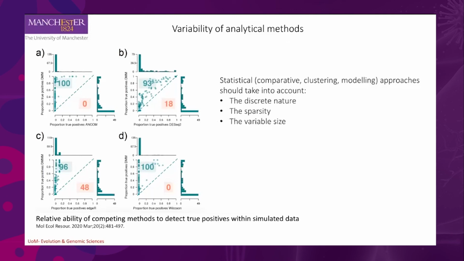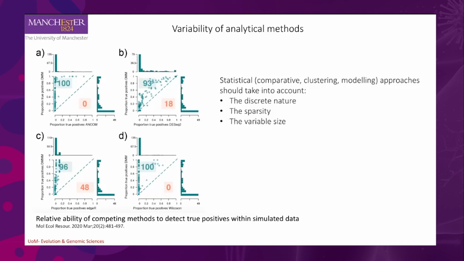And in this graph specifically, there is a comparison. All four graphs represent different methods. A is ANCOM, B is DESeq2, C is edgeR, and D is Wilcoxon. I will not go into the details of what these four do, but all of these are compared to the Dirichlet multinomial mixture models.